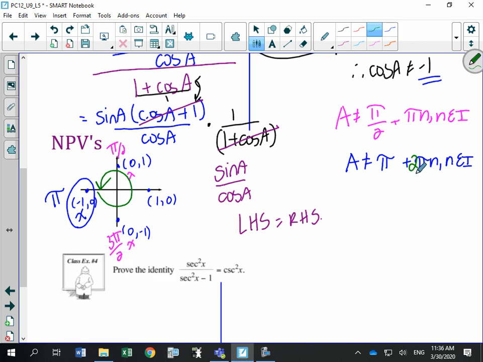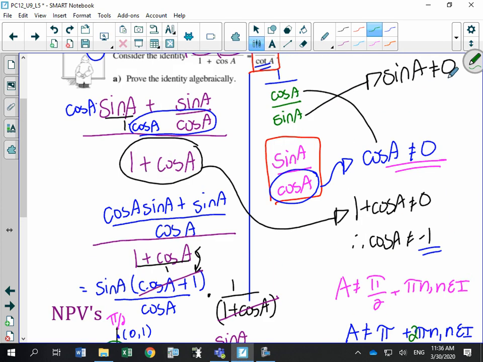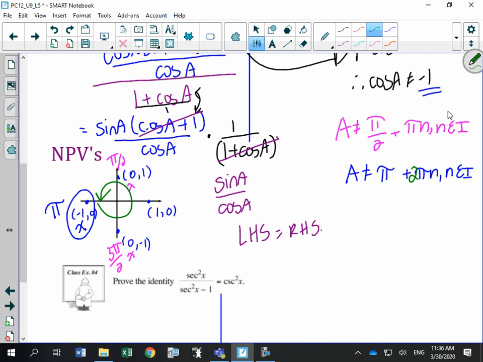And then the last restriction, what did we say it was? The last restriction was when sine was equal to 0. So where are all of my y values equal to 0? That would be here and here. So that restriction, A cannot be equal to 0, pi, 2 pi, 3 pi, 4 pi. How do we write that? For the sine of A can't be equal to 0, you could write it in two ways.